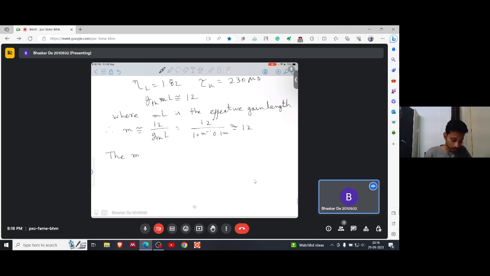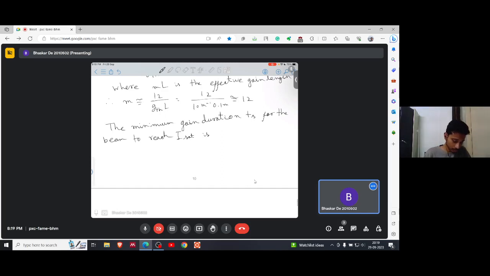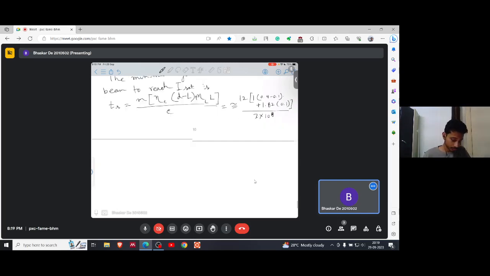So now the minimum gain duration TS for the beam to reach I_sat is TS equals M times (eta C D minus L plus eta L) divided by C. Now putting all the values, 12 multiplied by (1 into 0.4 minus 0.1 plus 1.82, that is the refractive index of the Nd:YAG, multiplied by 0.1), divided by 3 times 10 to the power 8.